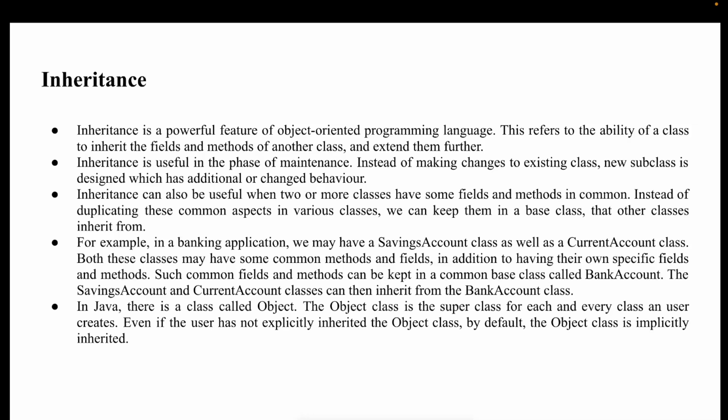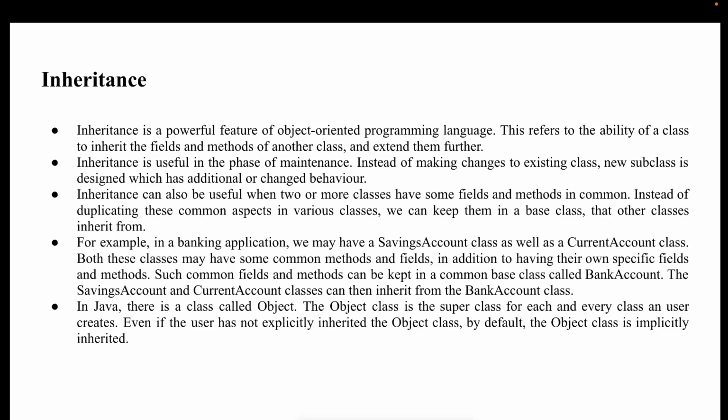But do you want to write the same methods everywhere? There's no use, right? So what you can do is define your deposit method and your withdraw method in the bank class. You define these two methods in the bank class, and your child class can inherit these methods' behavior from the parent class.